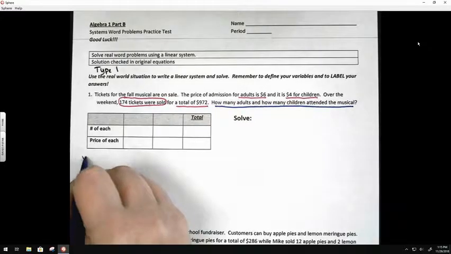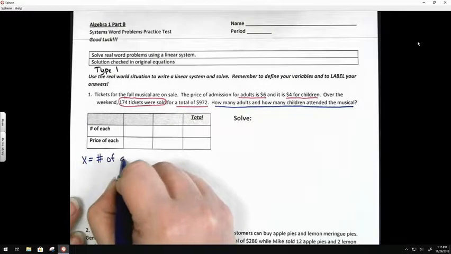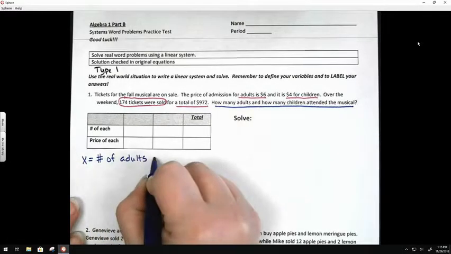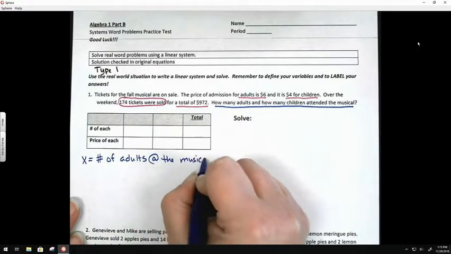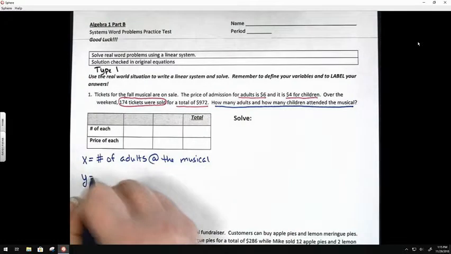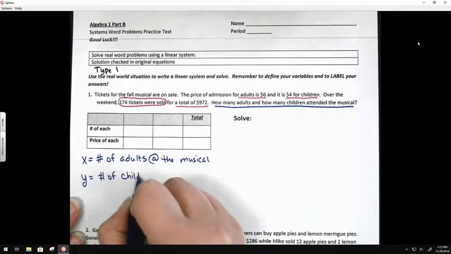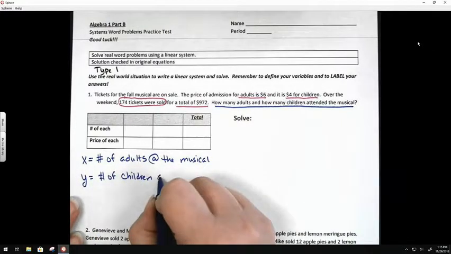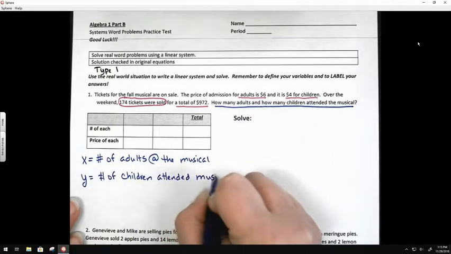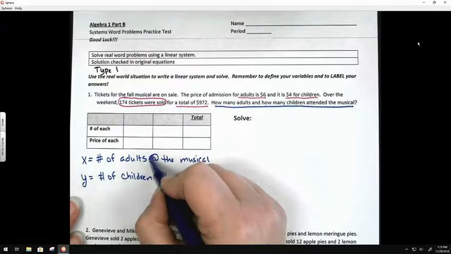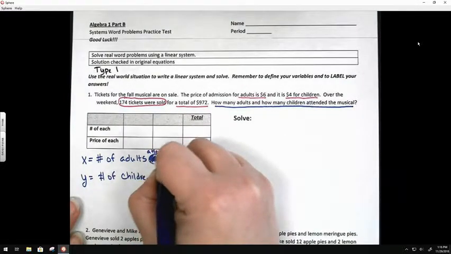We're going to say that x is the number of adults who attended the musical, and y is the number of children who attended the musical. Sorry about that.